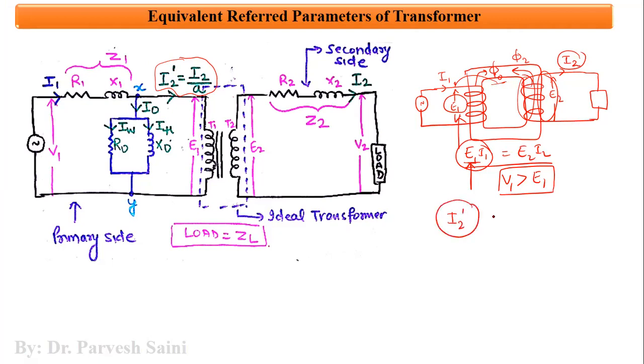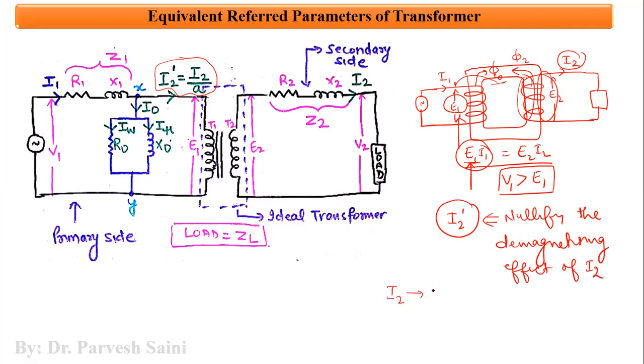Now what it does, it nullifies the demagnetizing effect of I2. Why? Because I2 produces its own flux in the secondary winding, which is, let us say, phi 2.